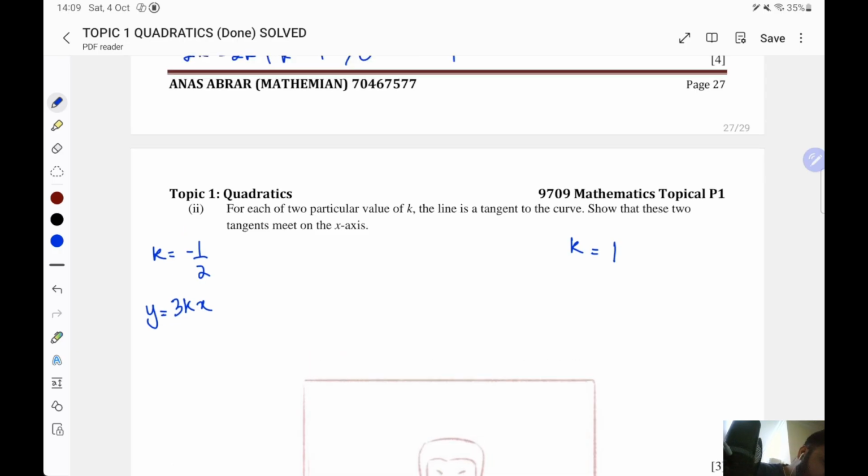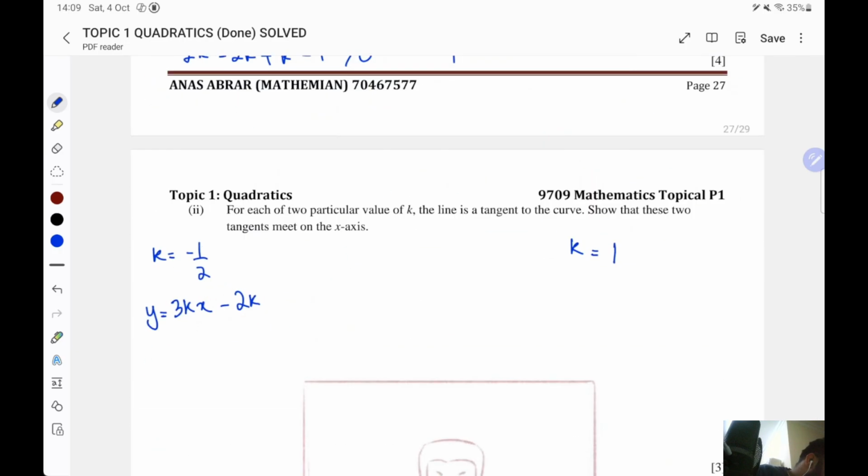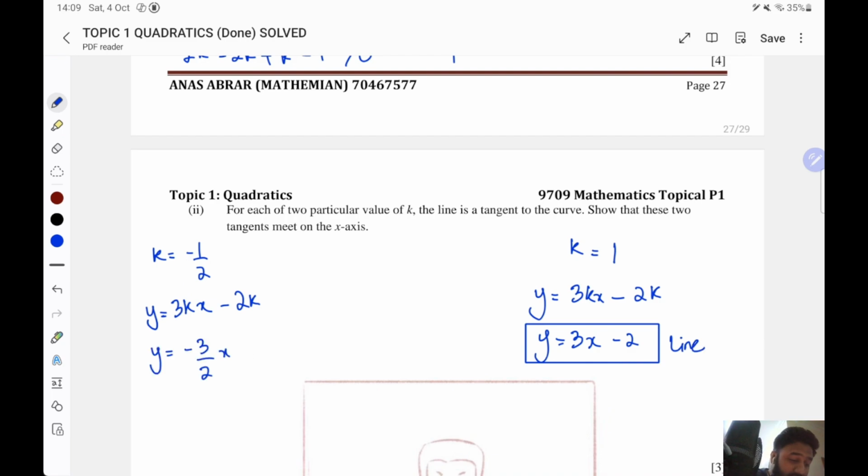If I substitute, the line equation will become y equals 3x minus 2 for k equals 1. This will be the equation of line, and over here it will be minus 3 by 2 x plus 1. This will be the equation of line for the value of k to be minus 1 by 2.